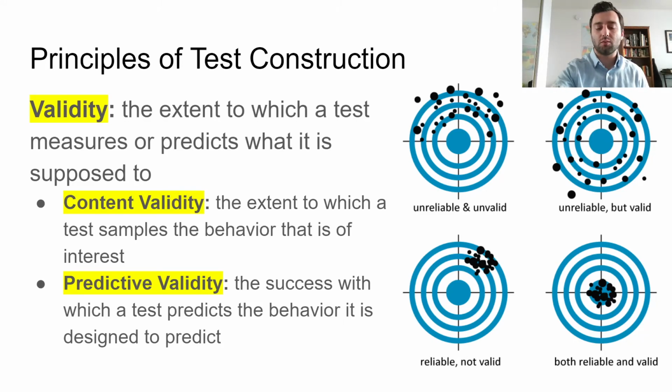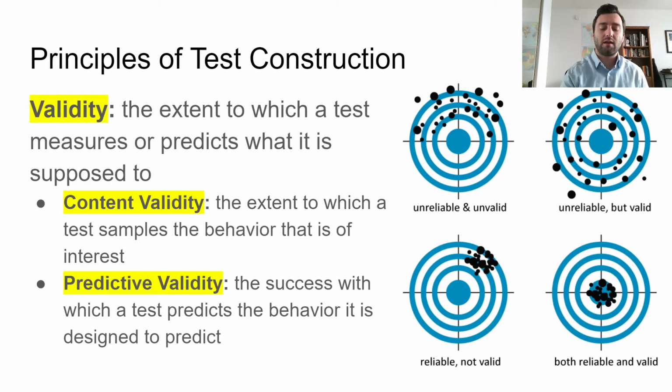So what we would do is we'd give a bunch of kids ACT tests, we'd keep track of how they did in college, and we would compare. And we would say, if a kid scores really high on the ACT, did they do well in college? If they score low on the ACT, did they struggle in college? And we can compare that, and if it's pretty accurate, we can say it's a valid test.